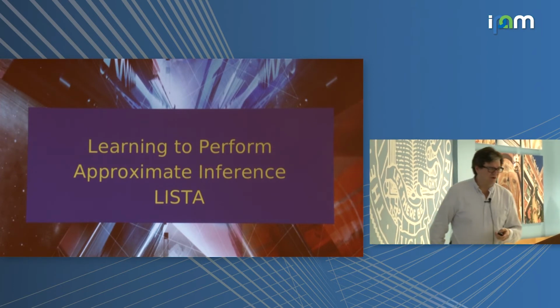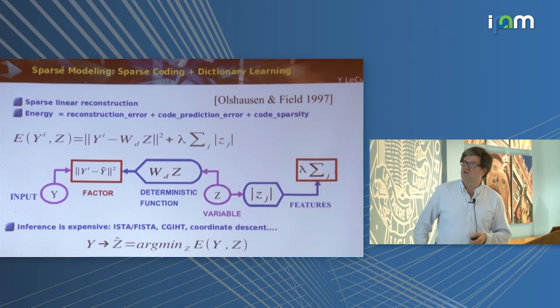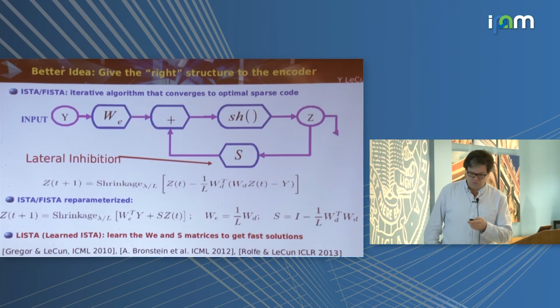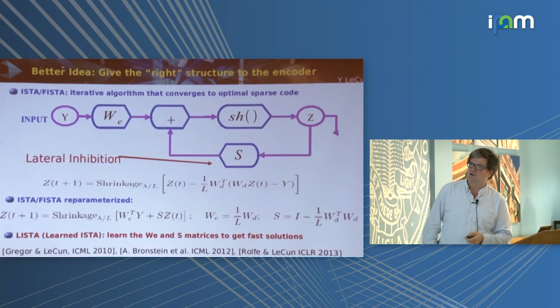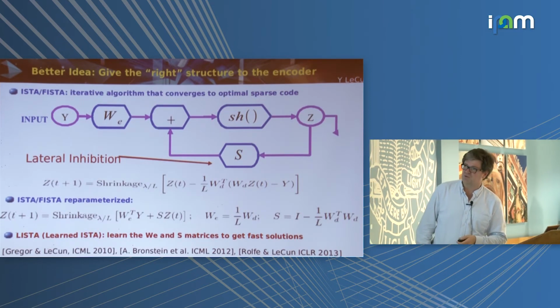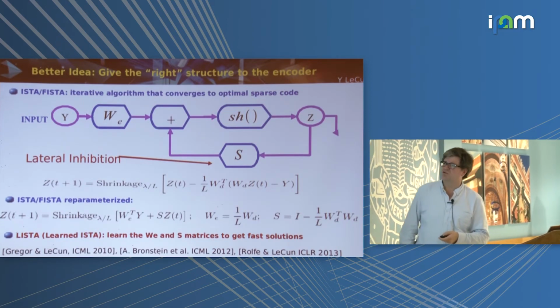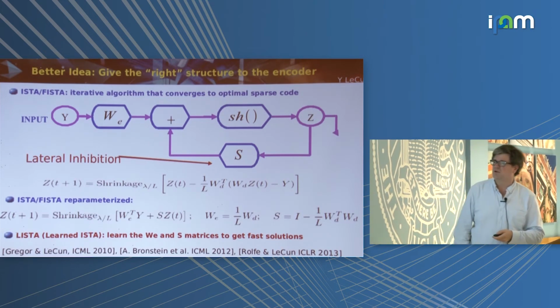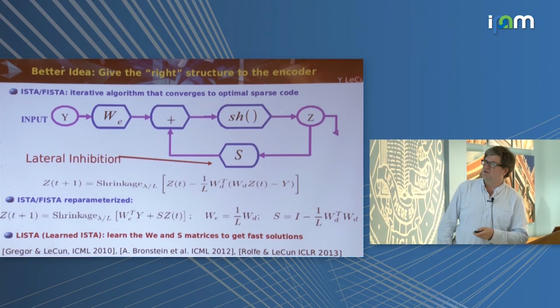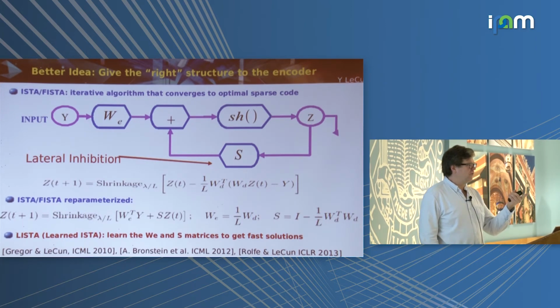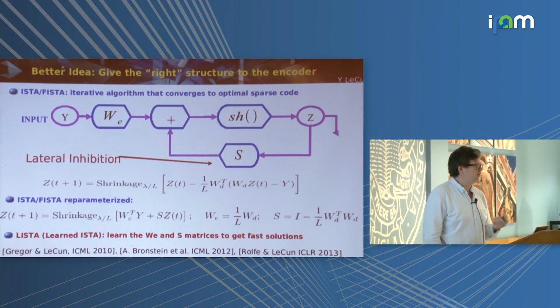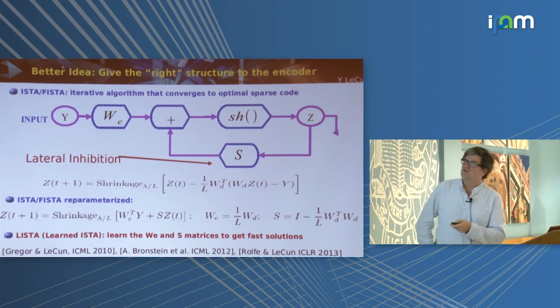My former postdoc, Karol Gregor, got this idea. The problem with sparse coding, of course, is minimizing this L2, L1 cost function. And a popular algorithm for this is ISTA, the iterative shrinkage and thresholding algorithm. Karol's idea was essentially to turn it into a sequence of very simple steps.